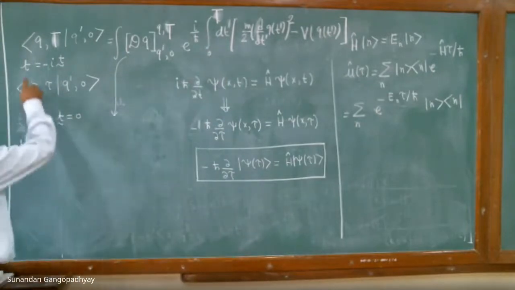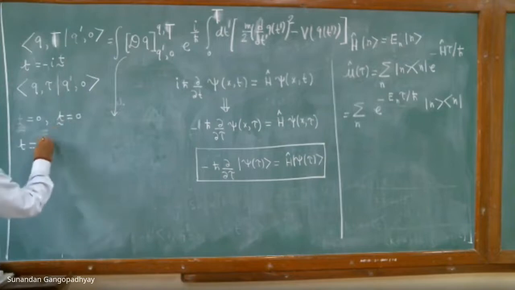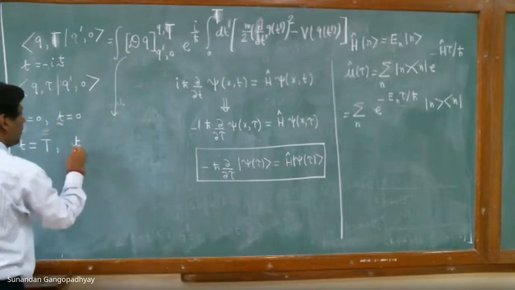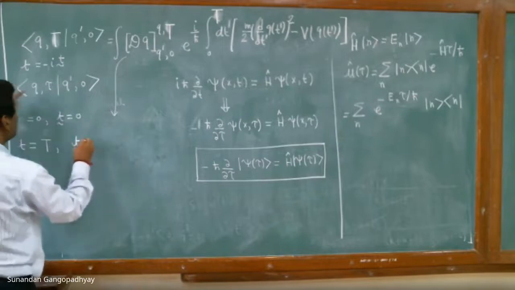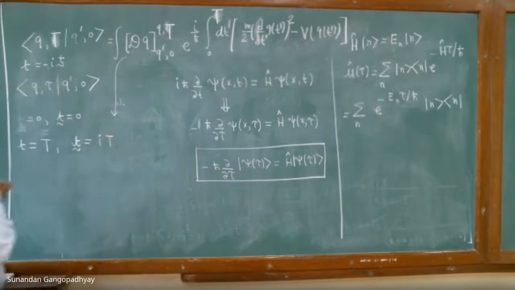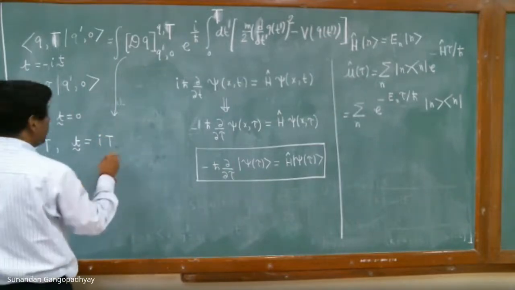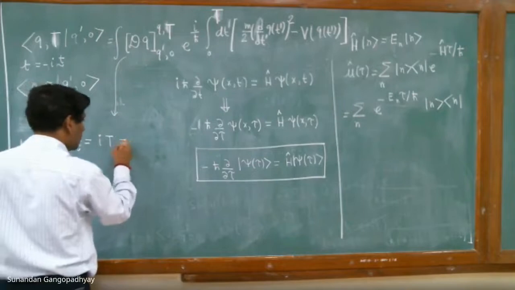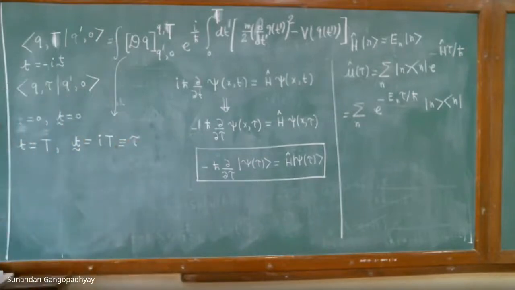So now, when t is equal to capital T, what we find is that t tilde will be equal to i times capital T, and this i capital T I call tau.